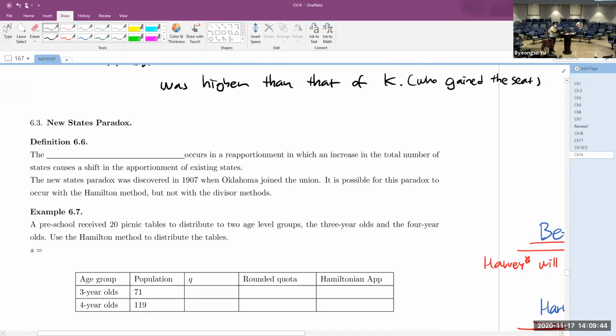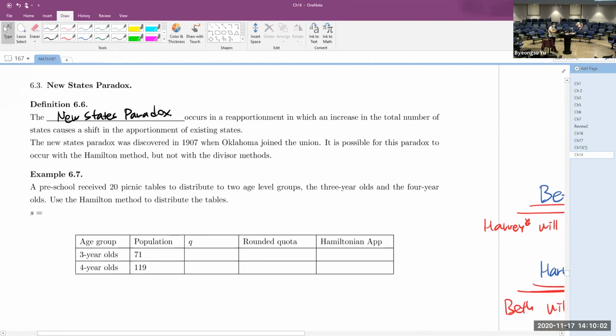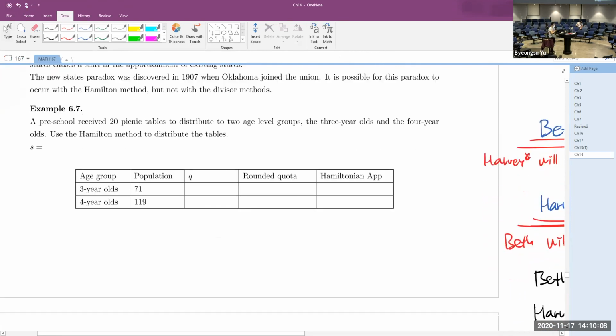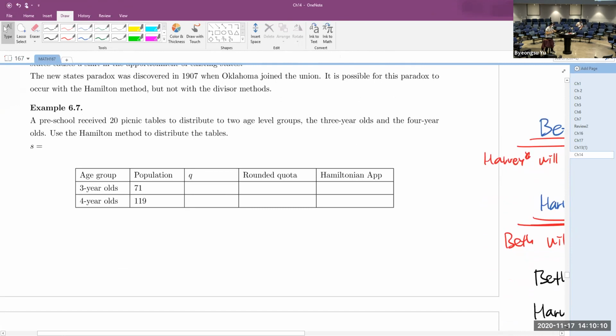This paradox happened in 1907, when Oklahoma joined the Union, and some states lost their seats without anything else changing, right? So it is possible for this paradox to occur in the Hamilton method, but not with the division methods. That's why the current Congress adopts the Hill-Huntington method to avoid this kind of problem.